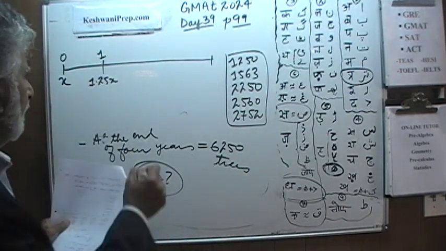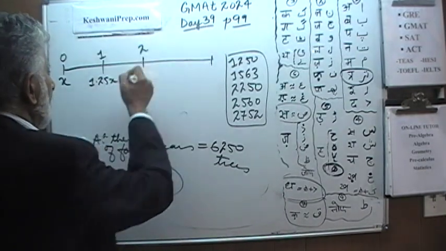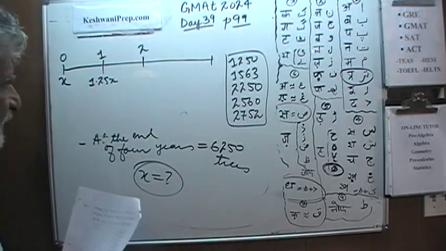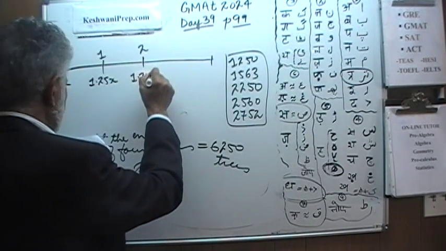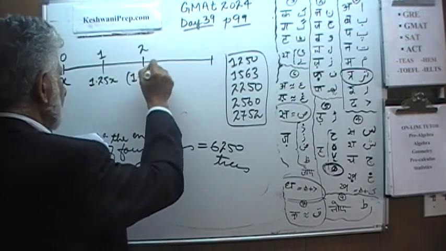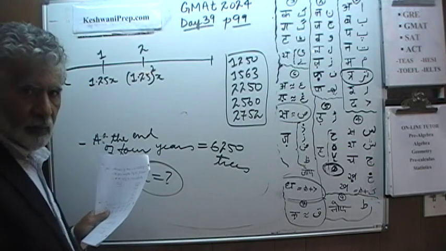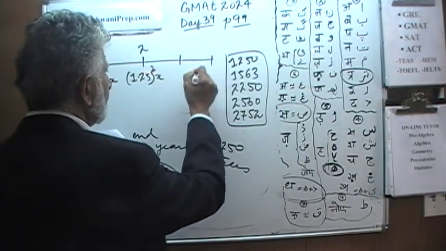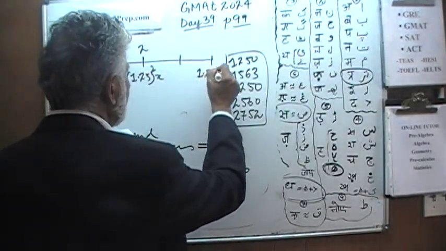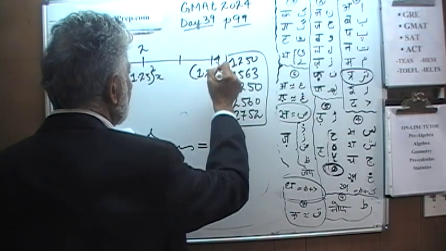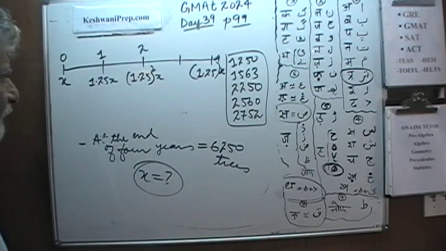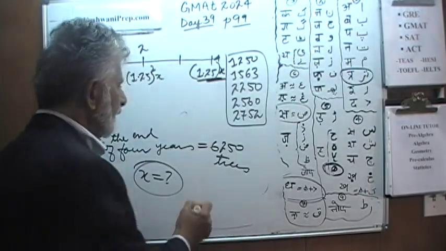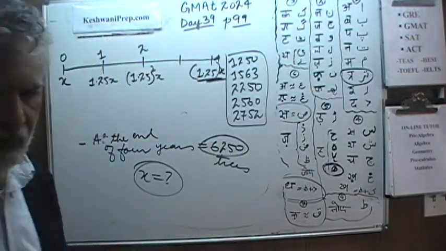The following year, we'll have 125% of this amount, which is the same as saying 1.25 squared x. The third year is going to be cubed, and the fourth year is going to be 1.25 raised to 4 times x. And this quantity we know has to equal 6,250.